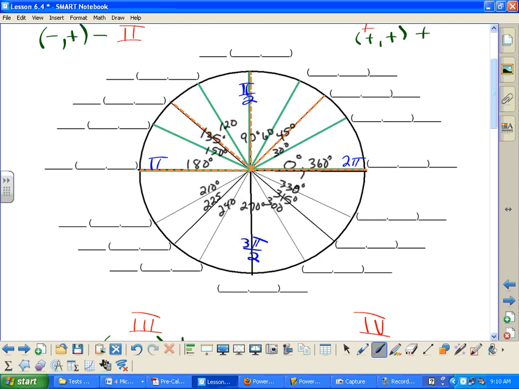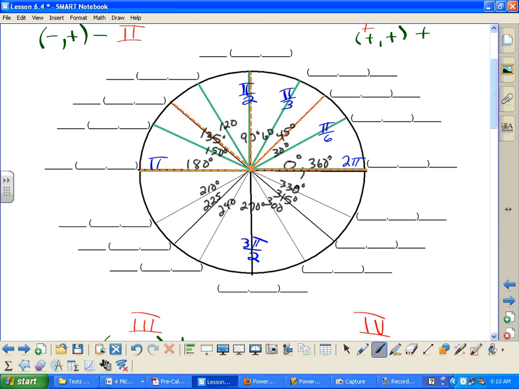So that means at 30 degrees I have pi over 6. Well, if I take 1/6 and I add 1/6, what do I have? 2/6. And 2/6 reduces to 1/3. So this is pi over 3.